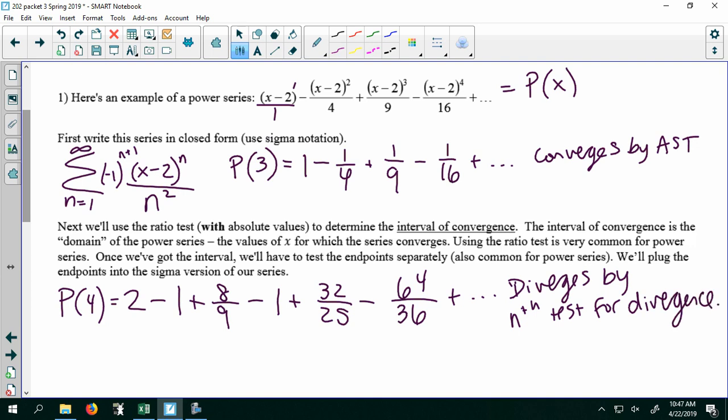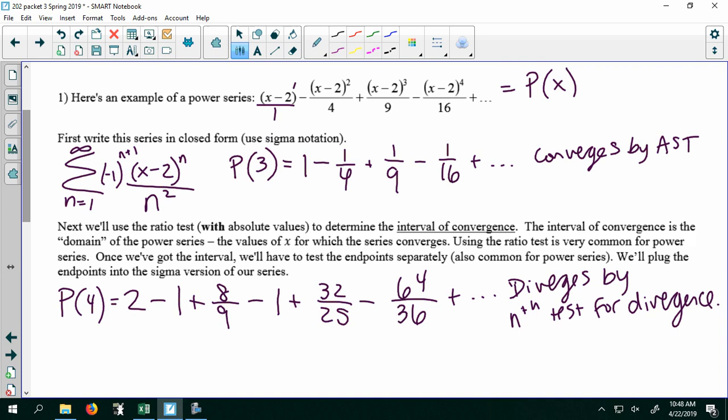Okay, so this function, p of x, it's an infinite series. Sometimes it converges for some x's, and for other x's it diverges. So a natural question that's going to arise is what x values make it converge and what x values make it diverge. So we're going to use the ratio test to determine the interval of convergence.